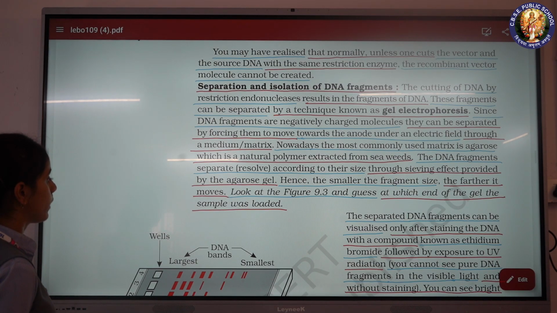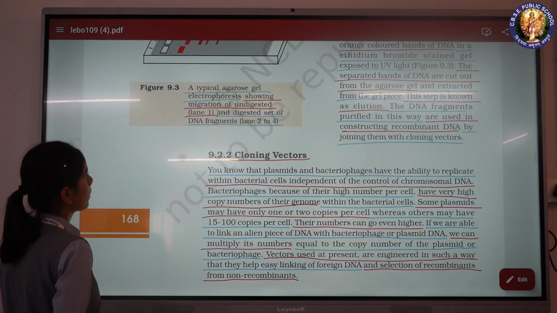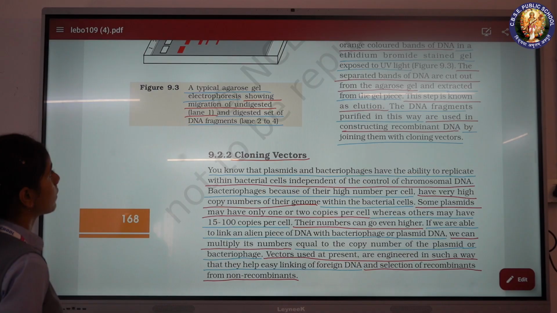You cannot see pure DNA fragments in visible light, and without staining. You can see bright orange colored bands of DNA in an ethidium bromide stained gel exposed to UV light.